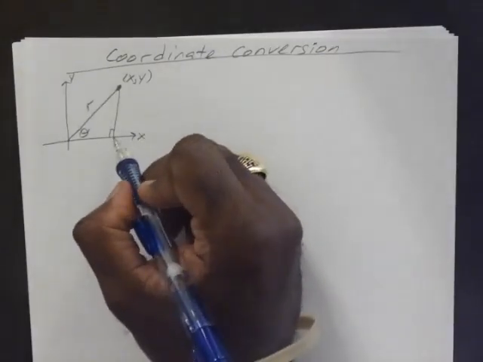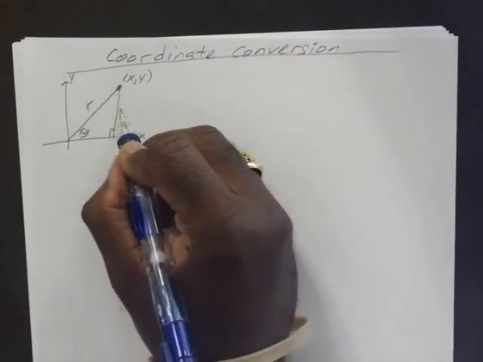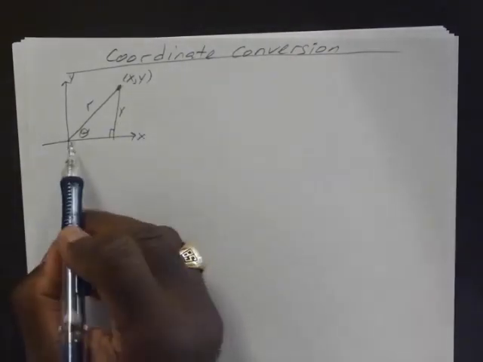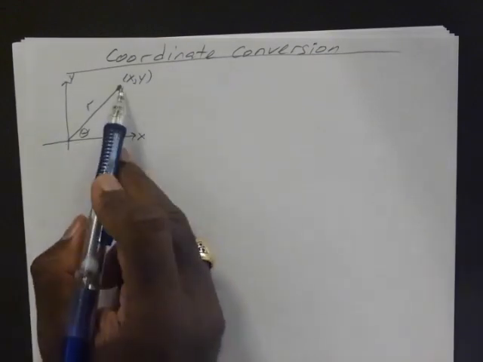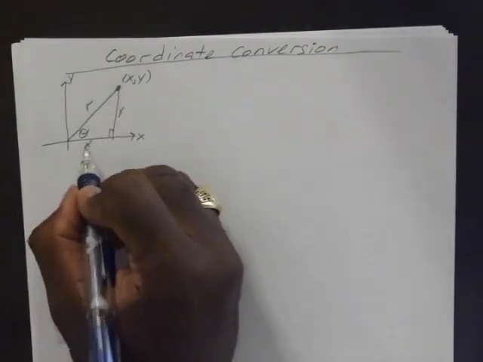Of course, the vertical distance to this point is some value we will call y. And the horizontal distance to that point is a value that we will call x.